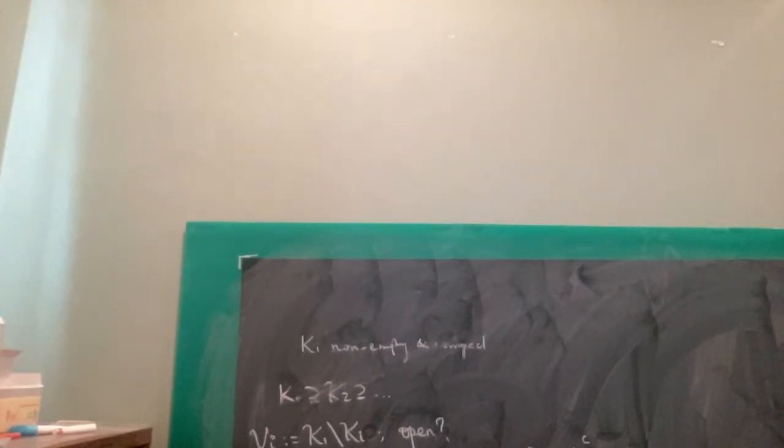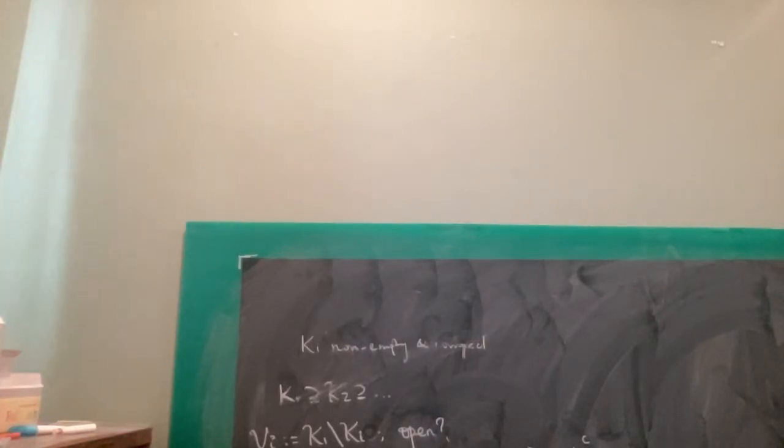The contradiction arises because K1 is compact, so it only requires a finite number of open sets, which are defined in terms of the other compact Ki's.